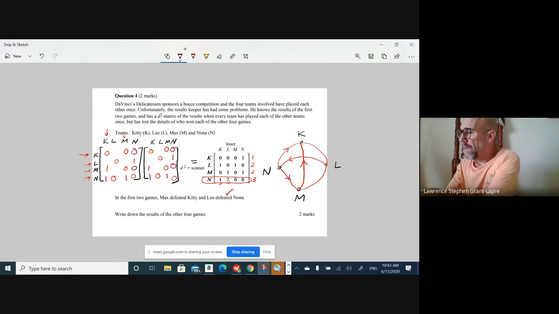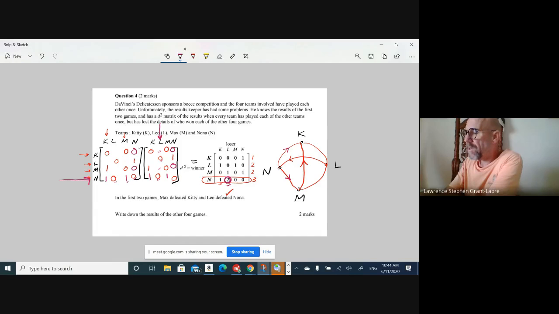For this 2, we need to multiply this row by L. All right, let's see what happens. 1 times something plus 0 times 0 plus 1 times something plus 0 times 0 equals 2.